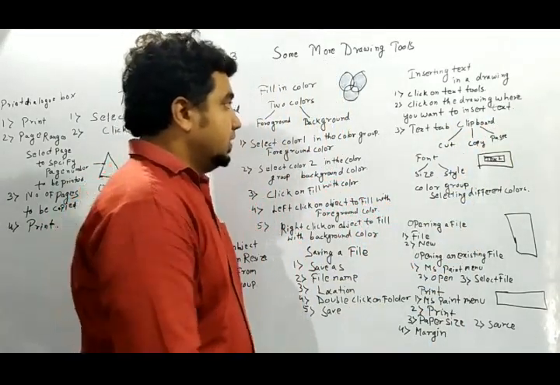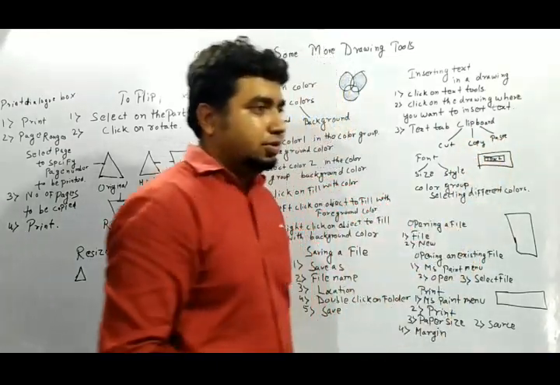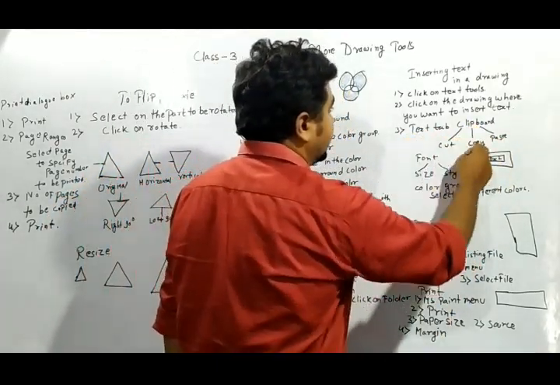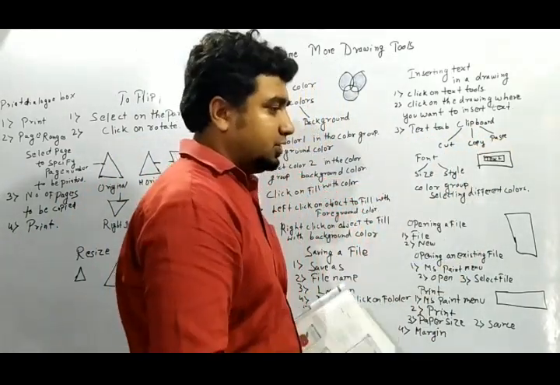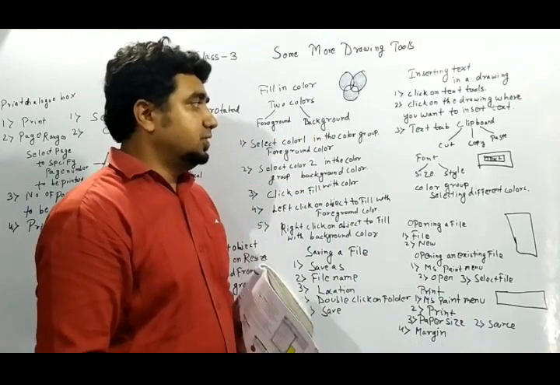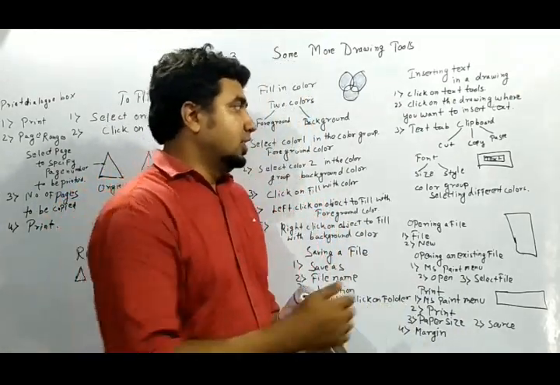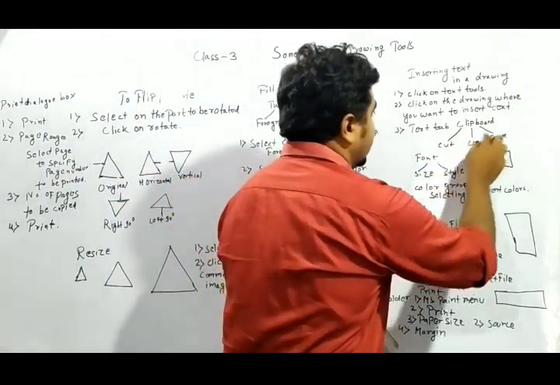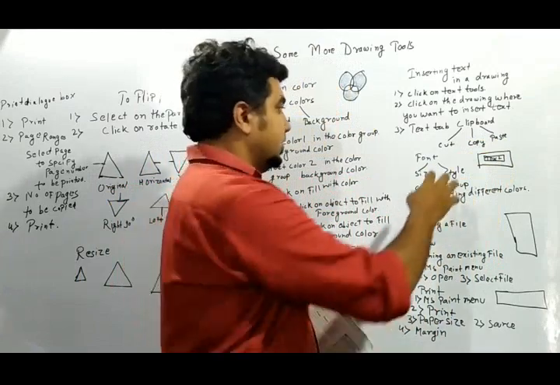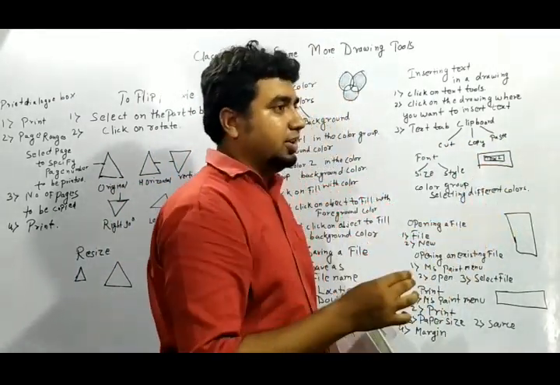You will see the options you get in the text tab: cut, copy, and paste. So we get three options. As I have explained earlier about the use of cut, copy, and paste: cut means you remove from one area and paste in another area.